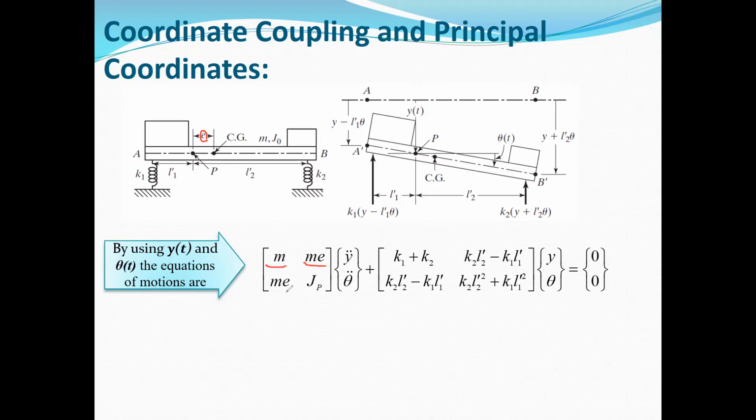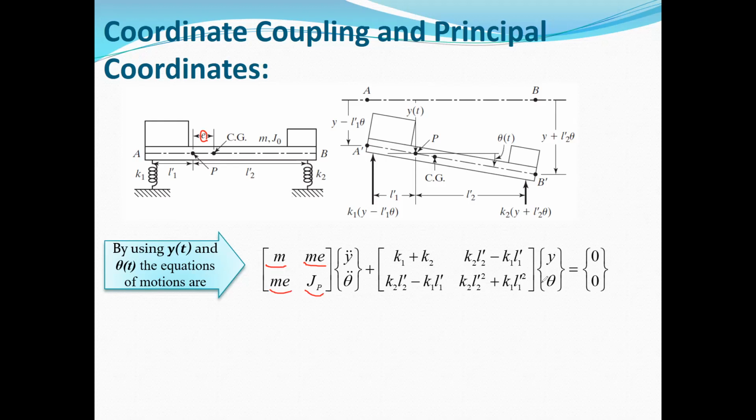In the second equation, the coefficient of y double dot is again m times e, and the coefficient of theta double dot is Jp, where Jp is the mass moment of inertia about the arbitrary point P.